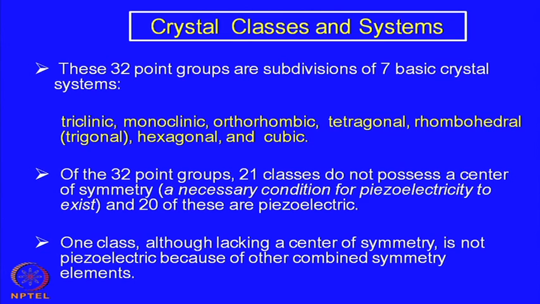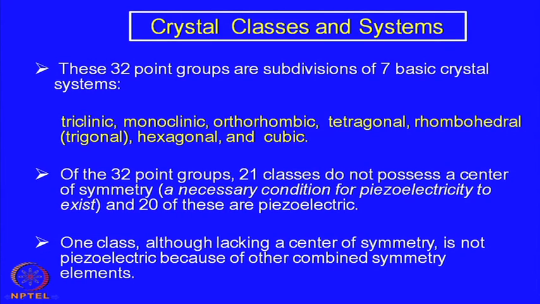20 crystal classes do not possess the center of symmetry, and any material crystallizing in these crystal classes will have piezoelectric property. Well, their effect may be small or large, but in principle they have the piezoelectric property.